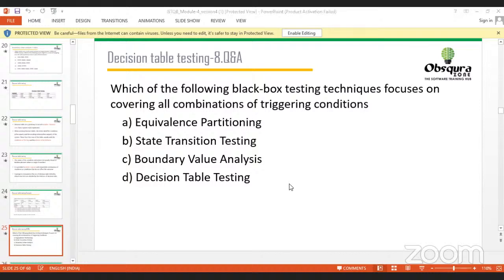Yes, D is the correct answer. Decision table testing. So it covers all the combinations, right? So that is the decision table testing.